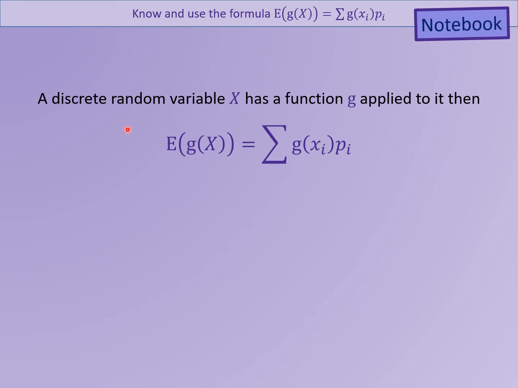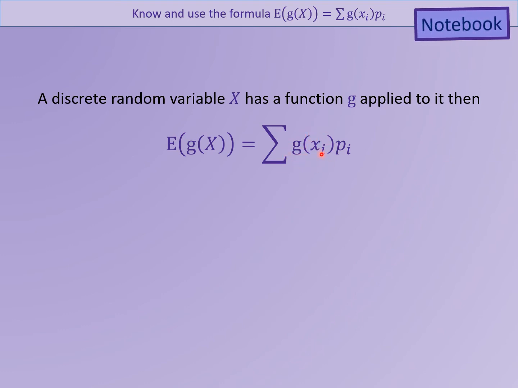Right, so just in your notebooks, under discrete random variables, so a discrete random variable x has a function applied to it, whatever that function is. So there's lots of different functions that it could do to it. The expected value of that function is just the function itself applied to each of the individual values. Okay, so each of the individual values has the function applied to it. So let's say your function was something like times by 9.